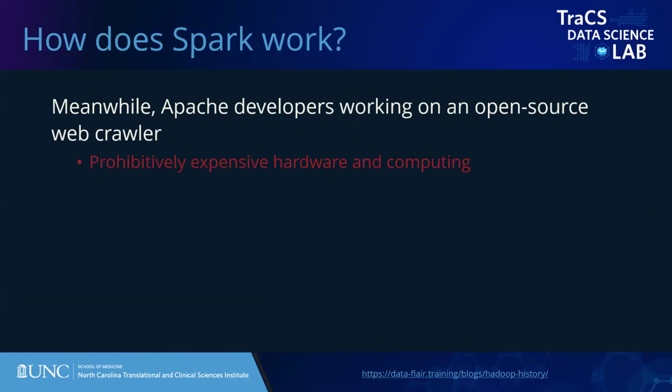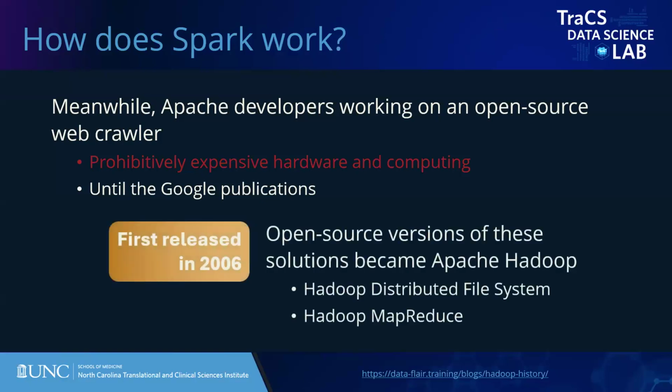So the project was at a standstill until those Google publications were released. So once those came out, these developers were able to come up with open source versions of those solutions. And these got rolled into a whole new project called Apache Hadoop. So it became its own project because they realized these technologies could be applied much more broadly than just the web crawler that they were initially working on.